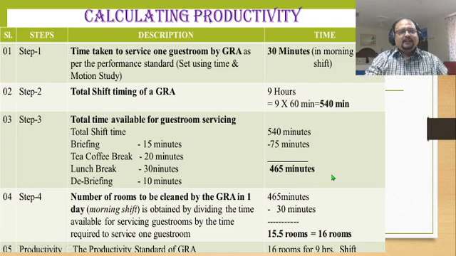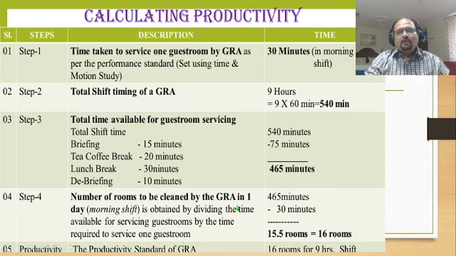Now, let us understand the fourth step. Here, the number of rooms to be cleaned by the GRA in one day in the morning shift is obtained by dividing the time available for servicing guest rooms by the time required to service one guest room.